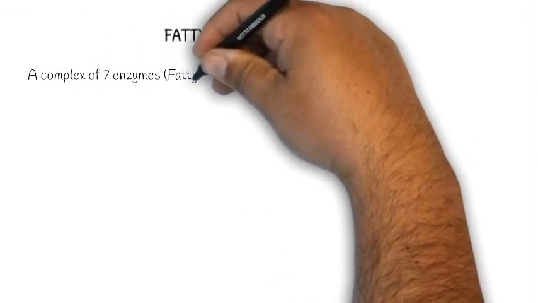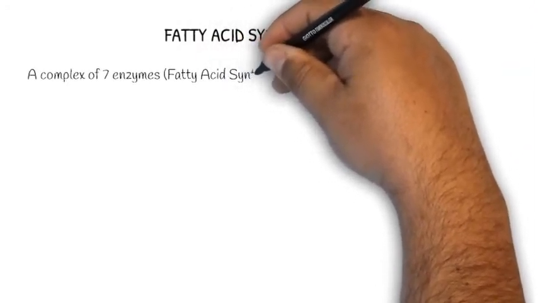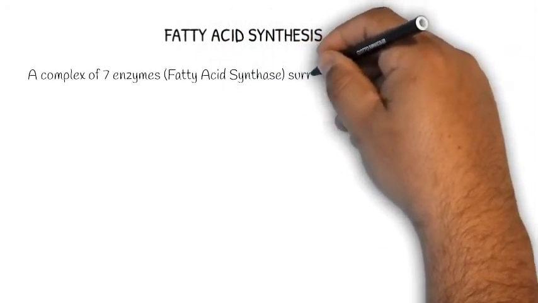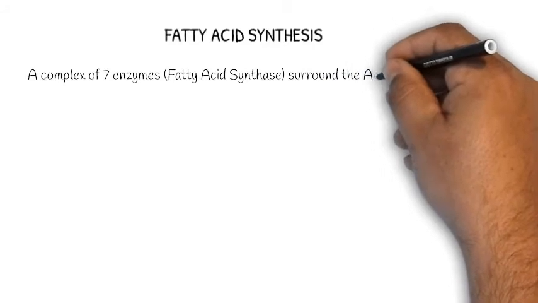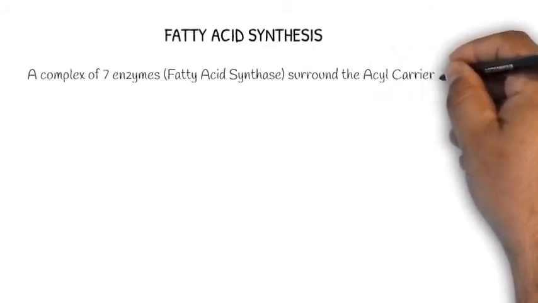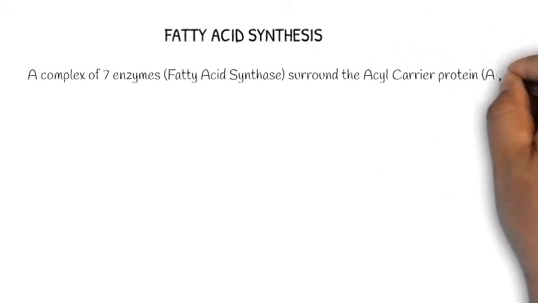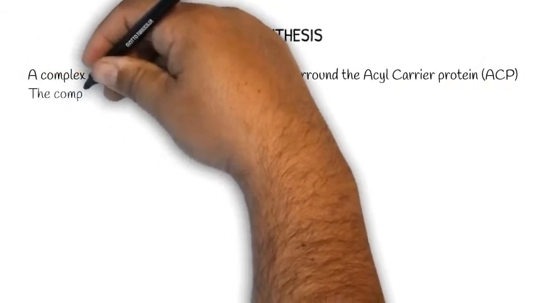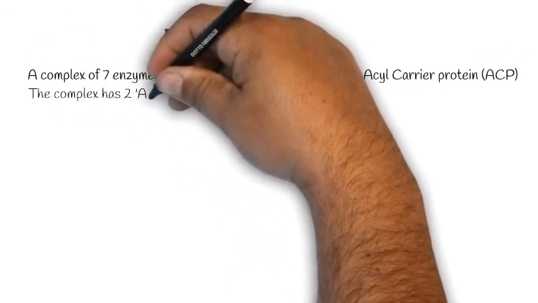Now, with regard to fatty acid synthesis, this is carried out by an enzyme complex. It's a complex of 7 enzymes called fatty acid synthase. And these enzymes surround a protein called ACP, or the acyl carrier protein.